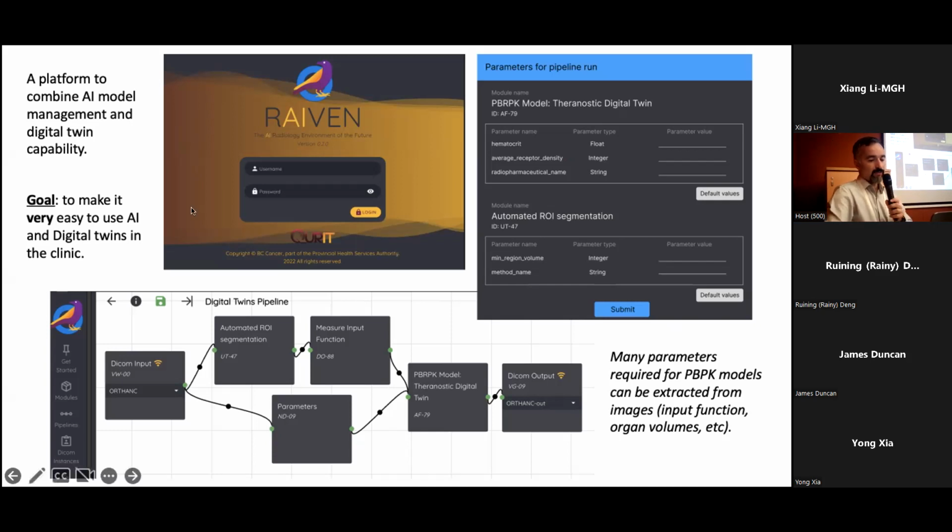On top of that, we're enabling this to do digital twins. For example, many parameters are required for these digital twins. They can be extracted from images using some kind of AI. So you would have the DICOM input, maybe some kind of automated segmentation.